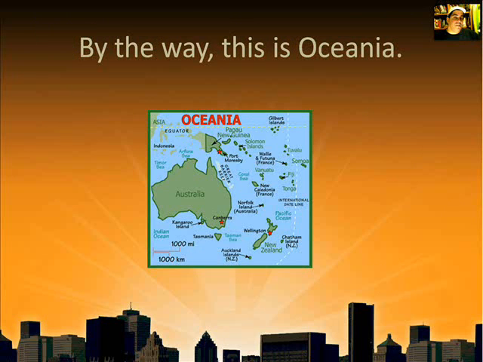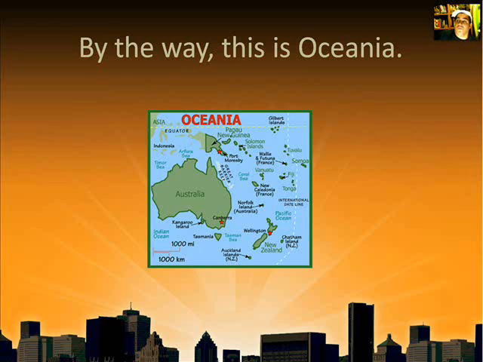Here's Oceania, and it's taking that whole region of the Pacific there, which includes Australia and Papua New Guinea, and I would imagine parts of New Zealand and some of these smaller island chains. Most of them you've probably never even heard of, and a lot of them still, I guess, fall under some European countries, like New Caledonia is part of France.